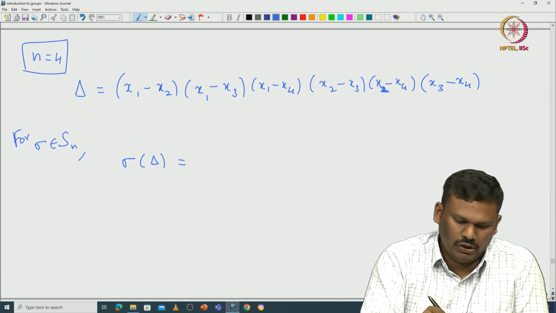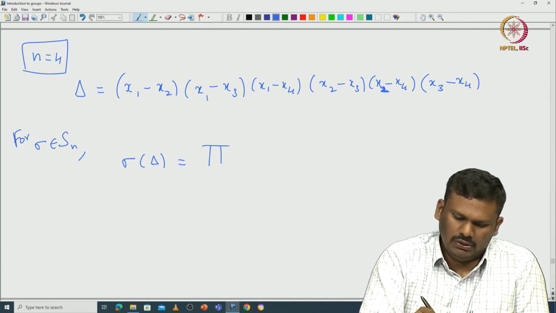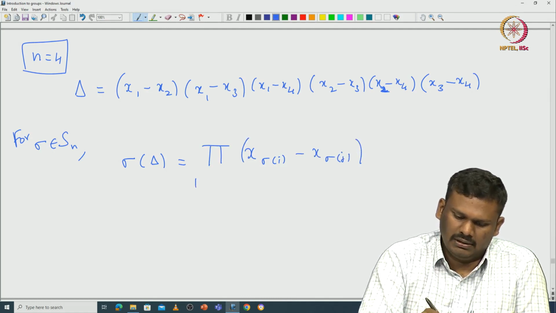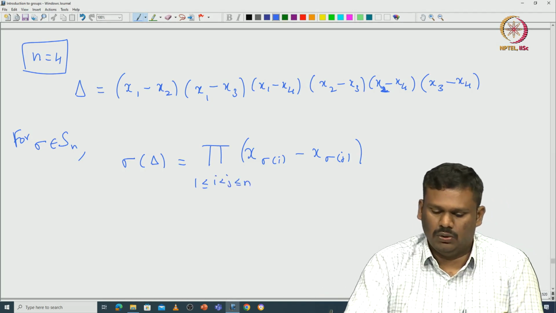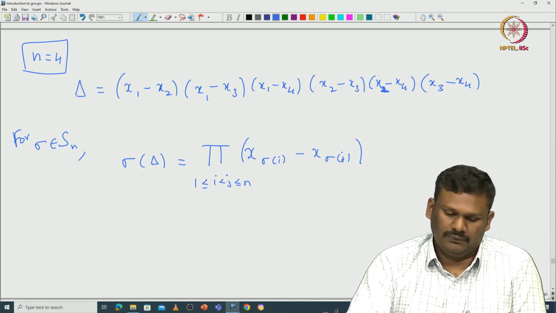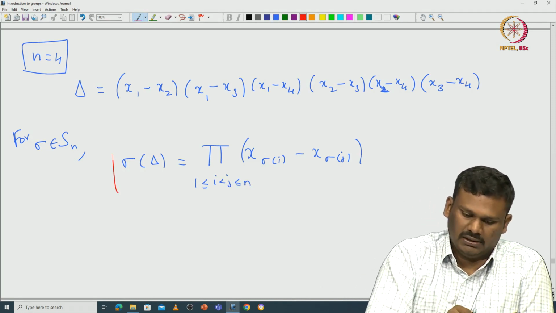So this is just defined to be again the product, you take x sigma of i minus x sigma of j, where the indices run over 1 less than j, where i and j are coming from 1 to n. So this is your sigma of delta.